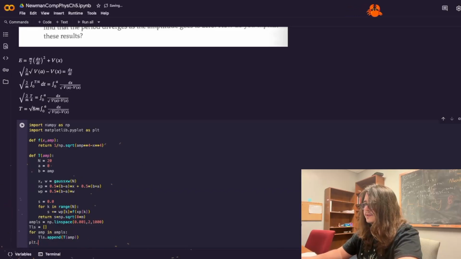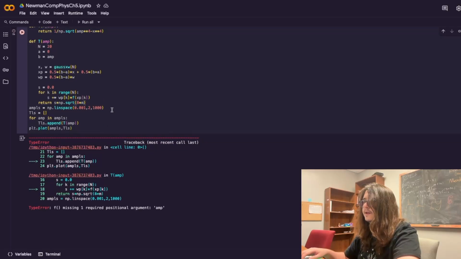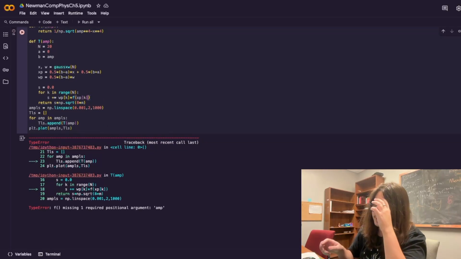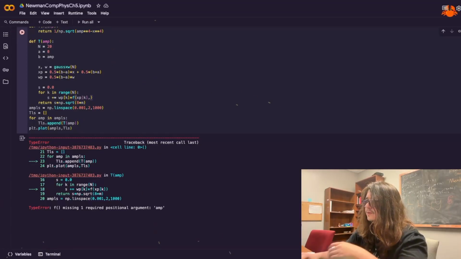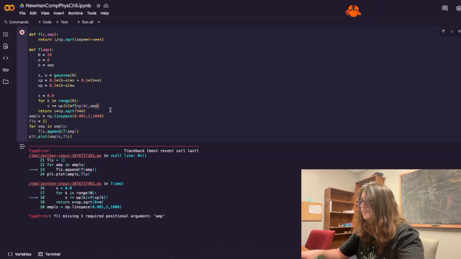After that, you actually plot amps versus Ts. And then in the function call in the Gaussian quadrature bit, you actually do want to include your amplitude in the function call. Then it should be good.